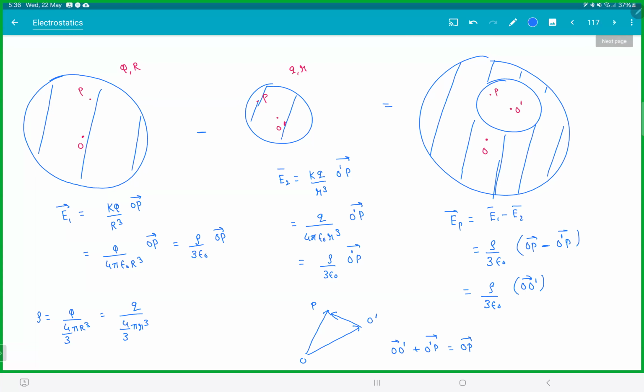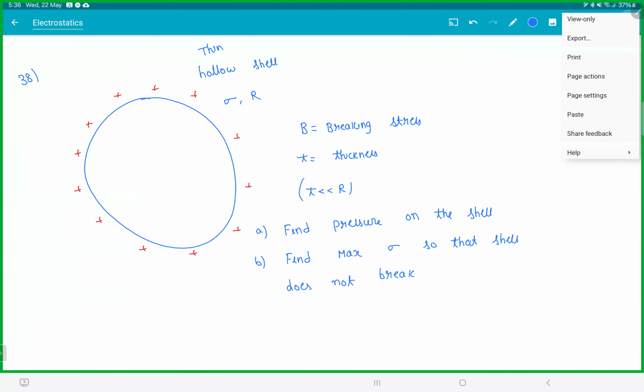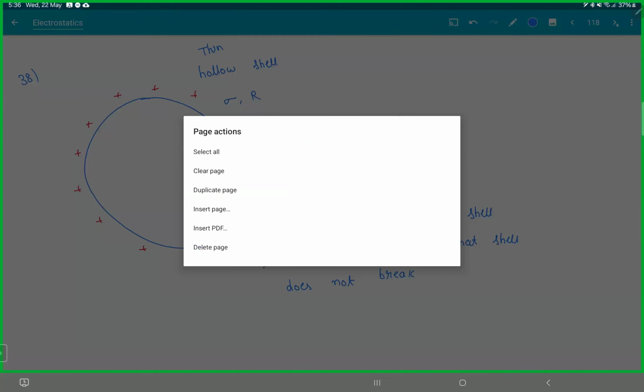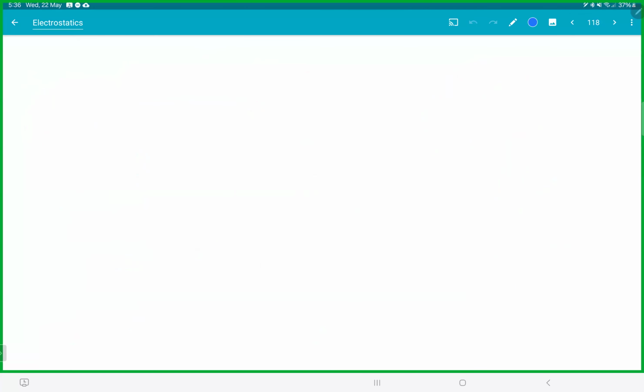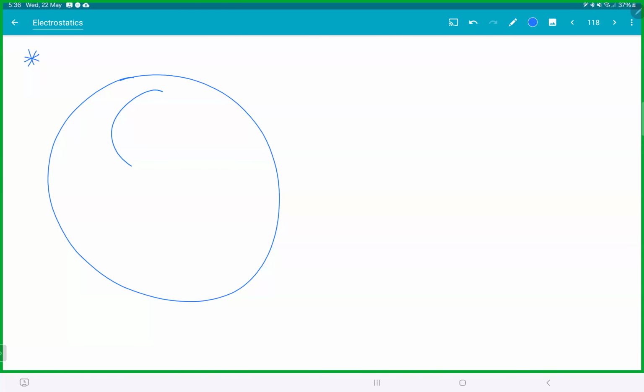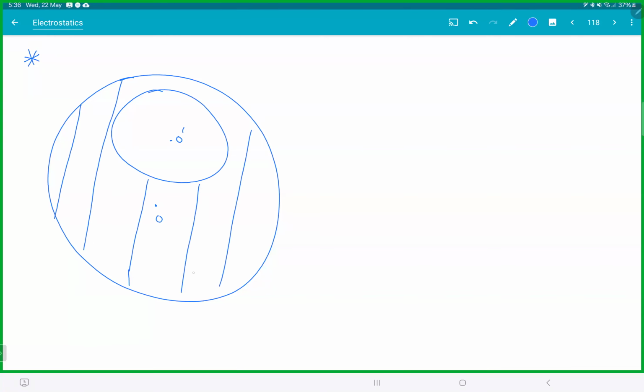So let me show you the final result. I'll turn the page. Quite a good result to remember. Same thing we'll see in gravitation again. So whenever you have a sphere with a cavity, if this is O, this is O dash, the field will be parallel to this vector OO dash, and the magnitude of the field is constant.